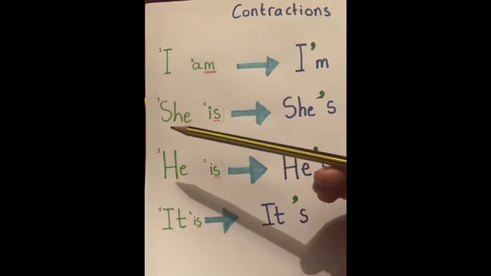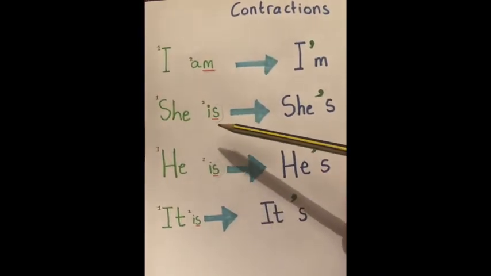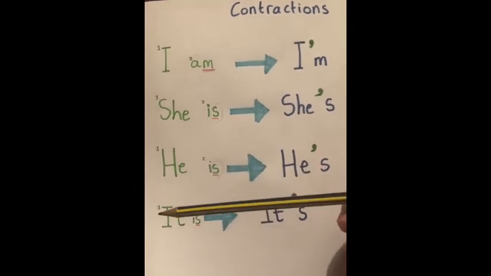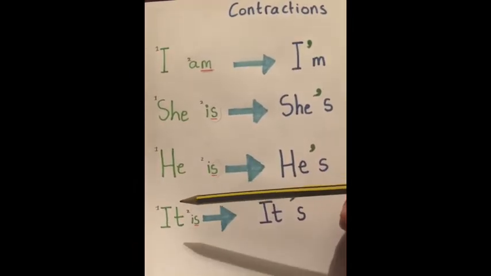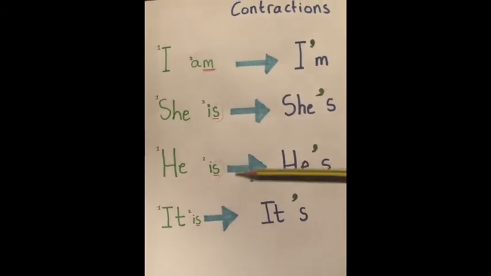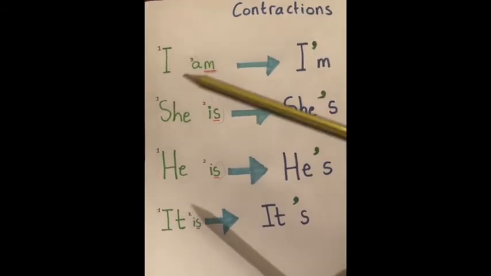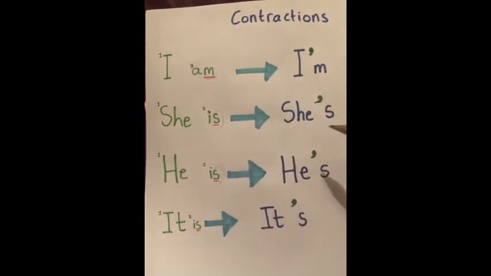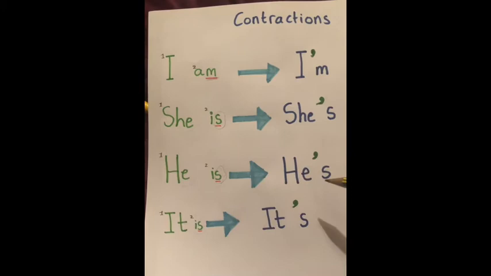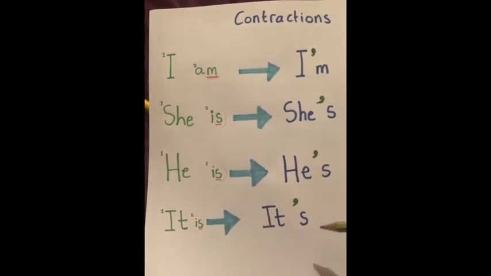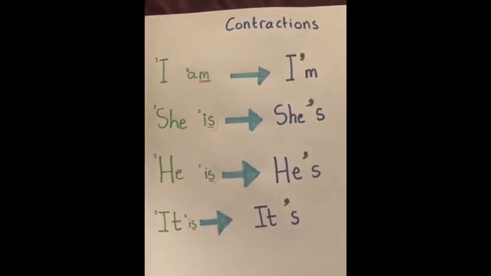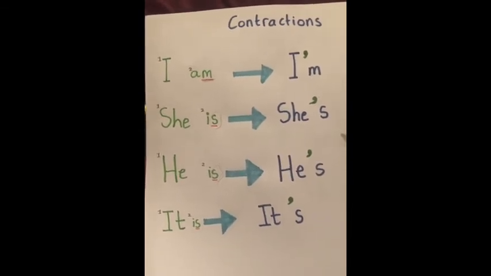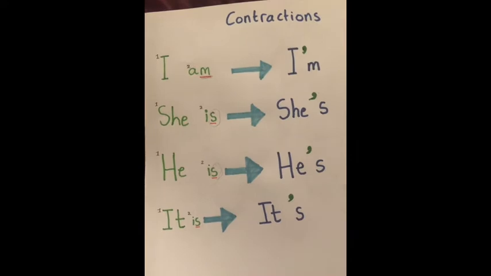For example, the girl or she is, he or the boy is, it or the park or the cat is. Okay? Now, the contraction of I am, we said, is I'm. She is, she's. He is, he's. It is, it's. Okay? And don't forget the way that can help you to understand how do we make contractions.